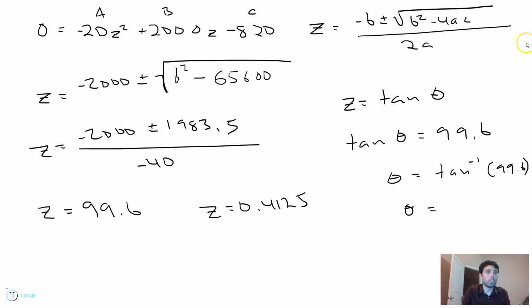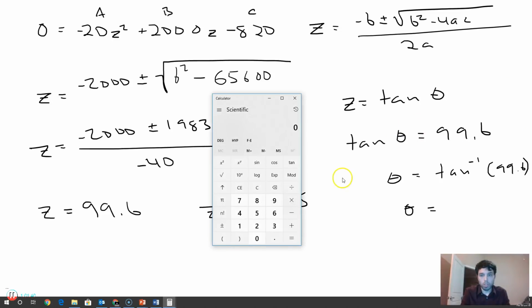Alright, I'm starting to get delirious. Okay. Alright, so 1 over the tangent of 99.6. And how do you use this to punch this in? This is so stupid. This calculator is dumb. I hate it. It's very bad. So we'll do 99.6, and then I do times 1 over tangent.